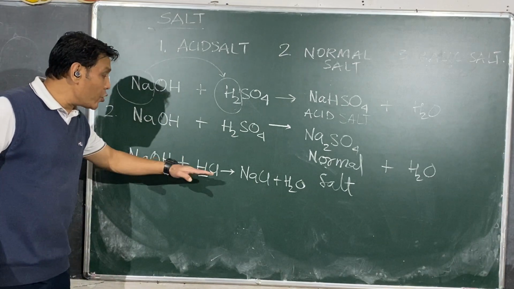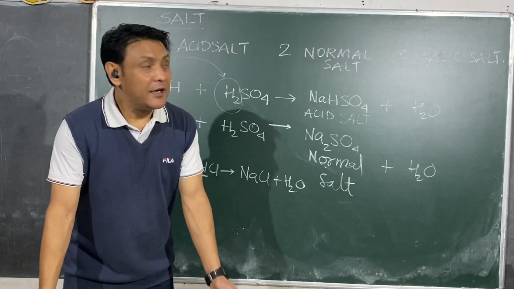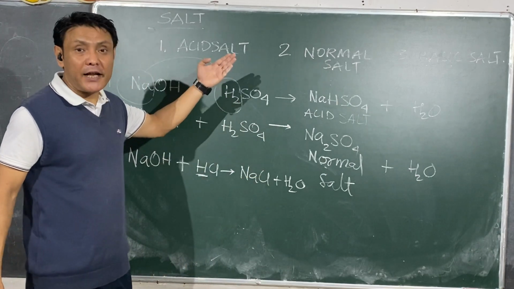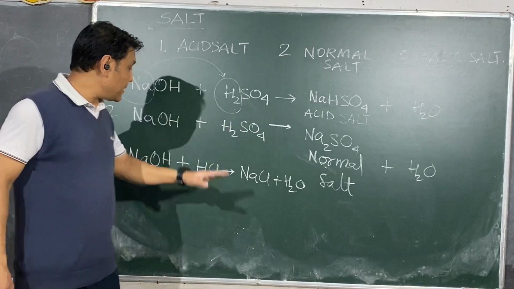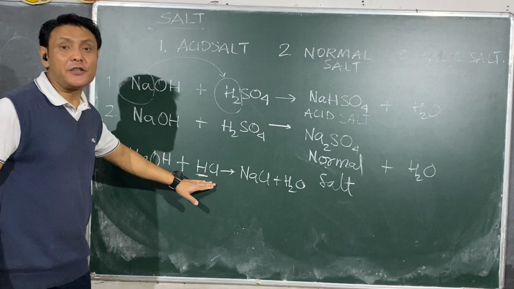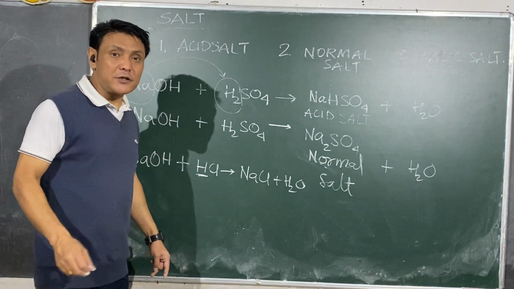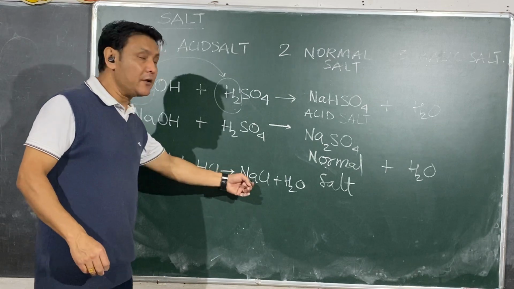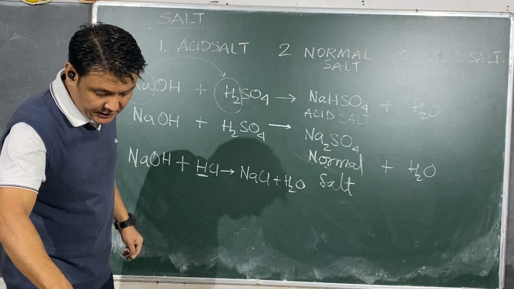So monobasic acid will not produce acid salt. It is the dibasic acid or phosphoric acid, tribasic acid that will produce acid salt. But monobasic acid, which contains only one replaceable hydrogen ion in the molecule, those acids will produce only normal salt and not acid salt. Please remember that.